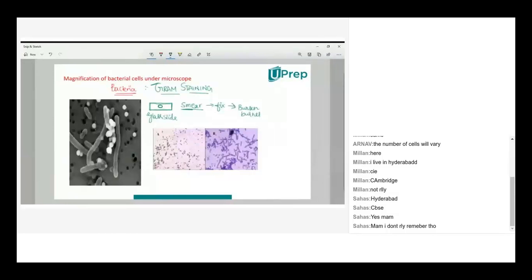Then, what will you do in the next step? In the next step, you are having a slide with fixed water drop or a drop of your saliva. Anything is okay, not a matter. Now, to this you will add some chemicals. Very simple chemicals every lab will have. First chemical is crystal violet.